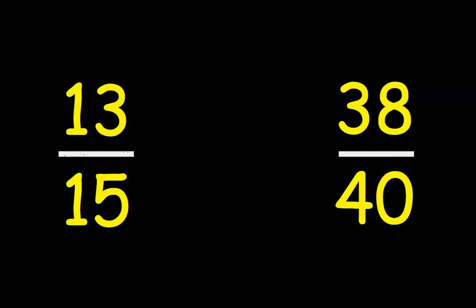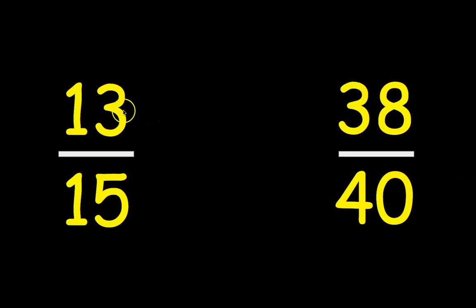13 15ths, 38 40ths. All right, becoming a little bit more tricky now. Pause, continue when ready. The fraction to compare to here is the number 1 whole. This is quite close to 1 whole. This is quite close to 1 whole.